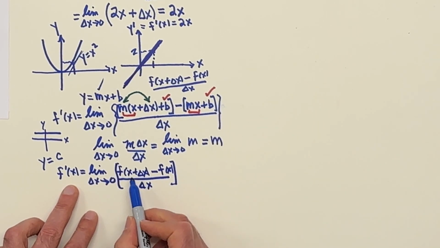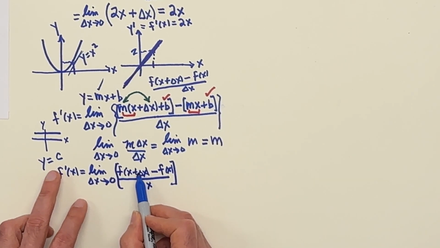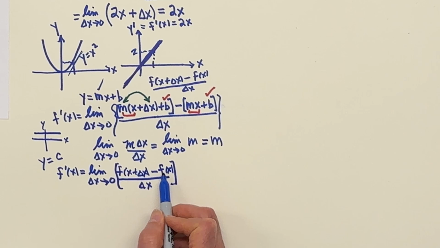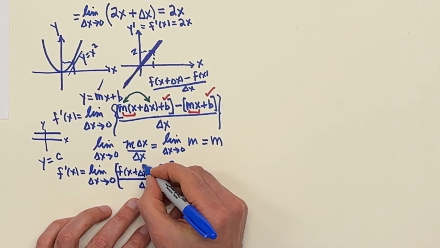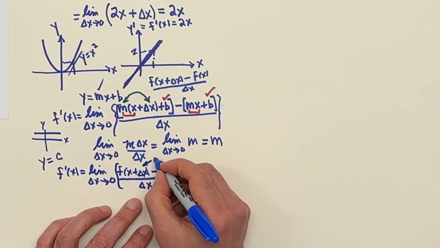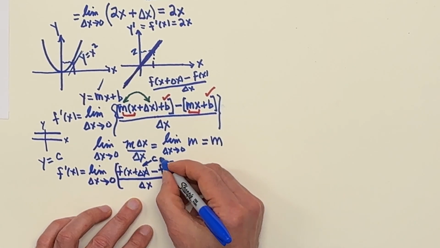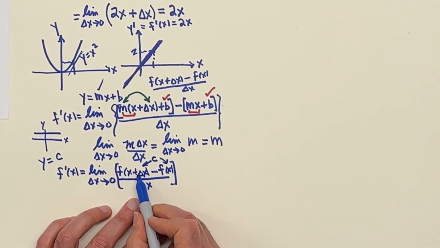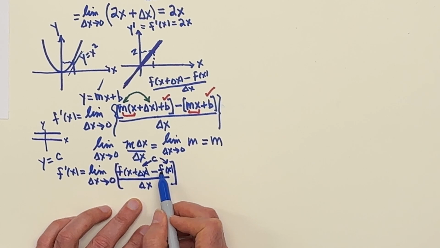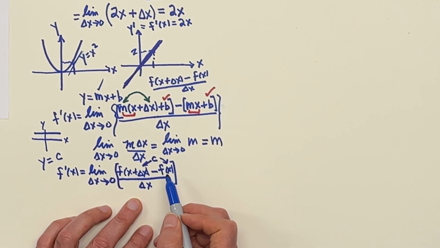So here, the f of x plus delta x is c, and the f of x is c. So when I substitute in for this, I'm going to have c, because it doesn't matter what the x is, it could be a constant. And this is going to be c. And then c minus c is going to be 0.